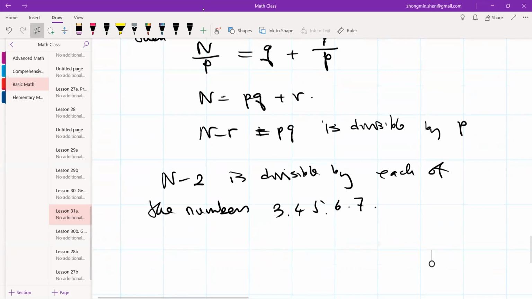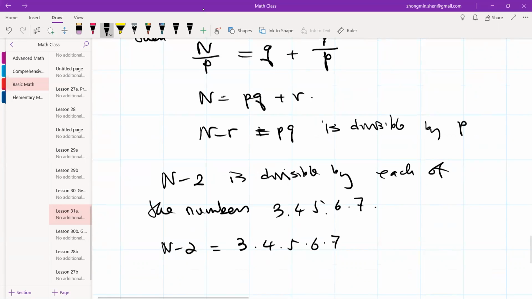That's easy mathematics. You subtract the remainder from the unknown integer, and this should be divisible by each of these integers. Actually, we are looking for the least common multiple of 3, 4, 5, 6, 7.